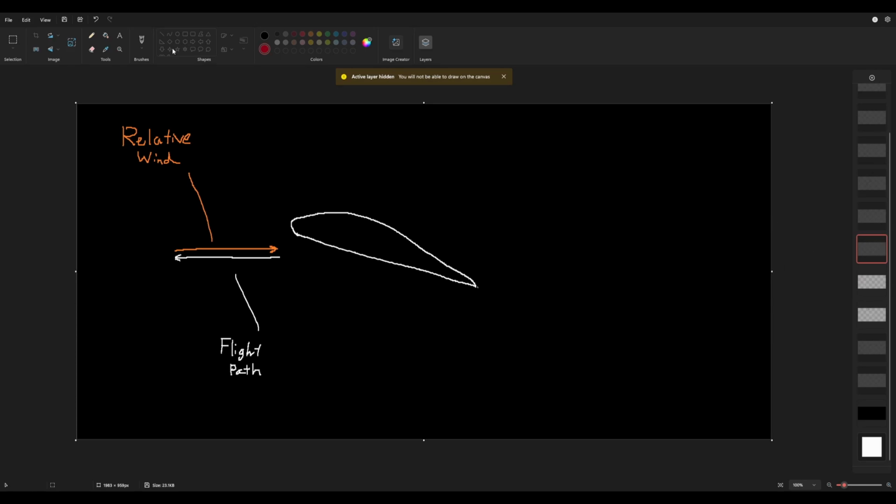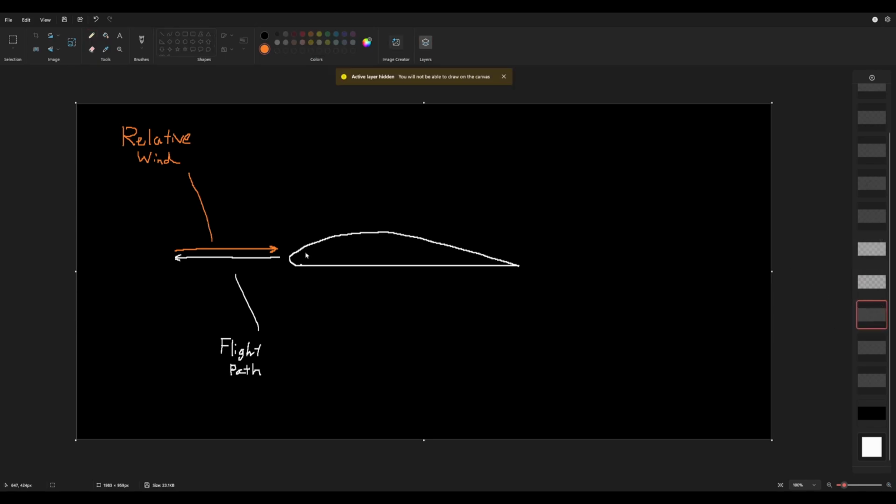And you can see here that that relative wind is actually going to impact a different part of the airfoil compared to the first example. So with the first example, it would impact right here versus right here on our second example. So this is going to change how the airfoil generates lift and a lot of different aerodynamic factors.